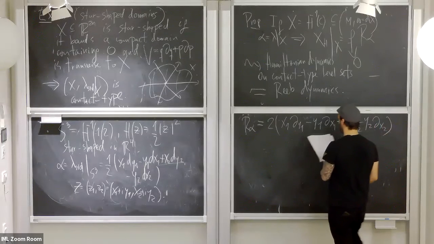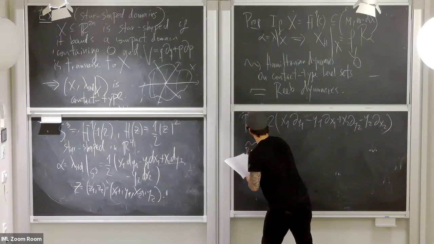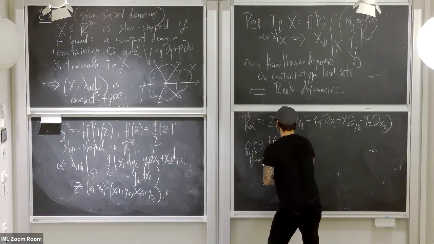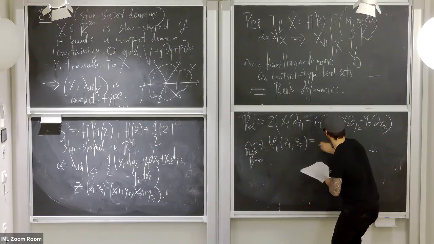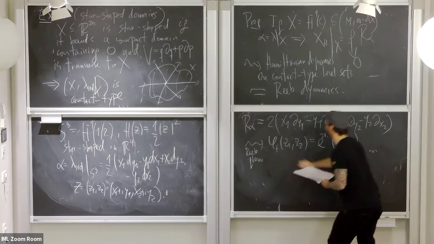And the Reeb flow in complex coordinates is precisely parametrizing the Hopf fibers. So this is the Hopf flow.